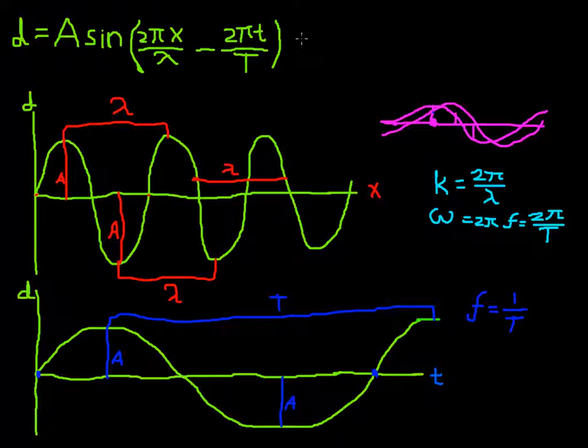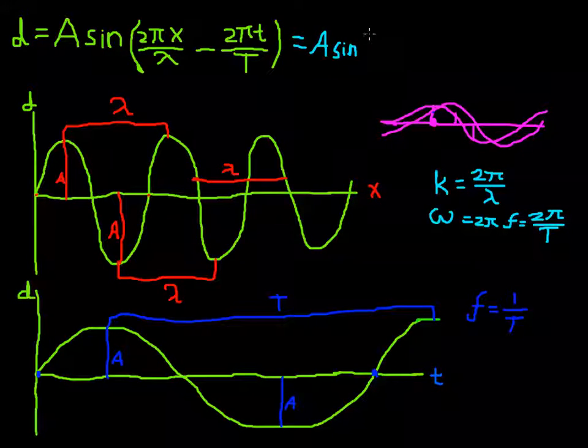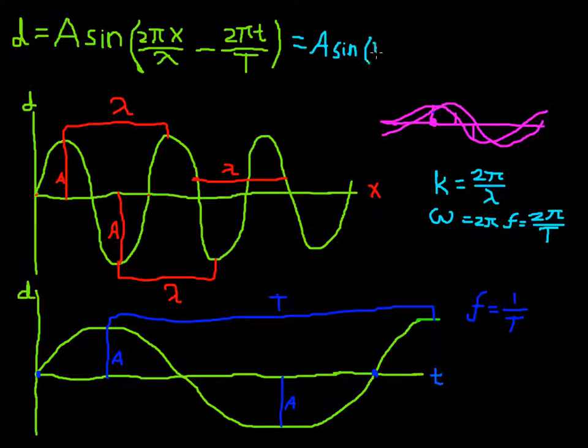Okay, and you can see why this will be useful, because this is going to be d equals a sine of kx minus omega t. That k looks a little bit like an x.